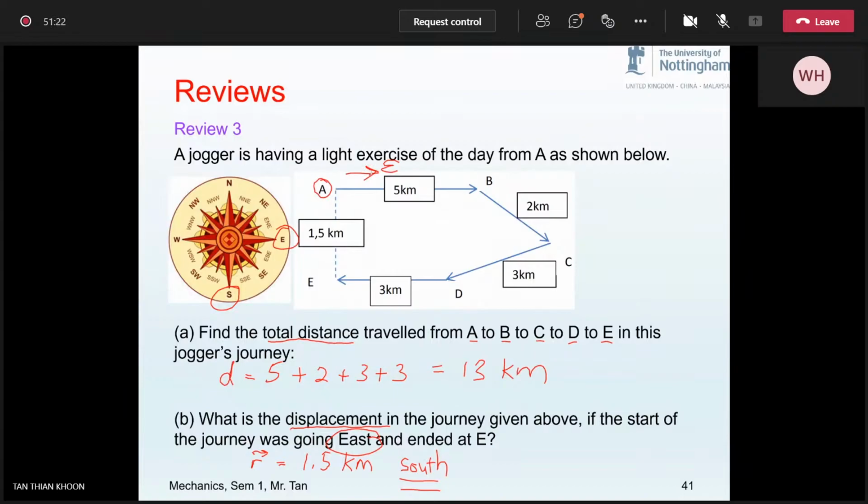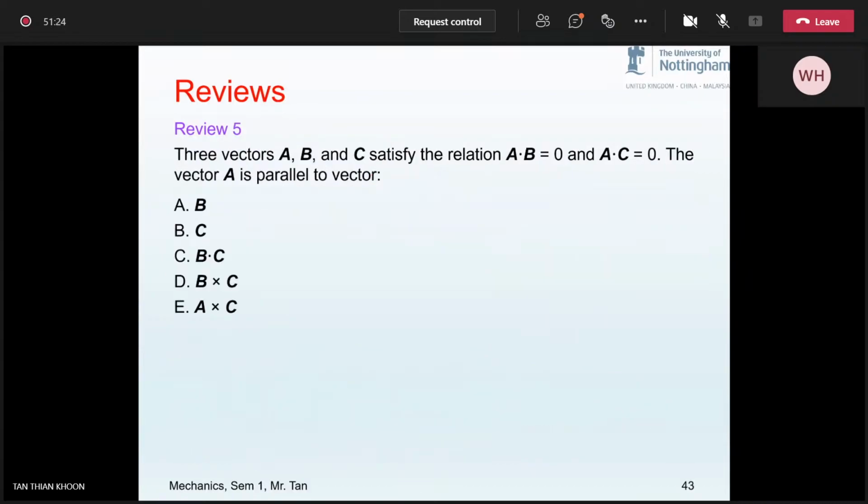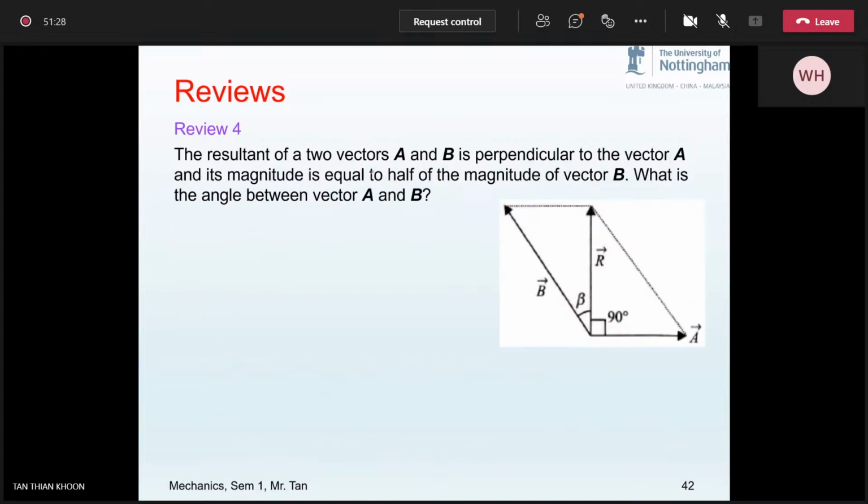We look at the fourth example. So this is the fourth example. The resultant of two vectors, A and B, is perpendicular to the vector A, and its magnitude is equal to half of the magnitude of vector B. So what is the angle between vector A and vector B?